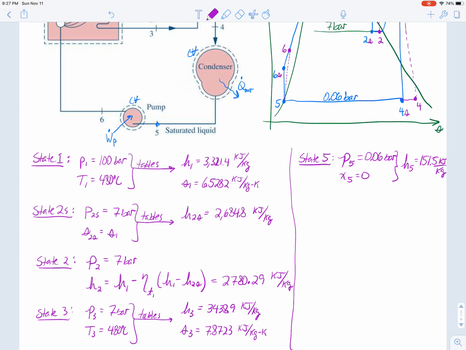This would also be a good point to go ahead and grab my specific volume at state 5. That's equal to 1.006 times 10 to the negative third meters cubed per kilogram. There we go.